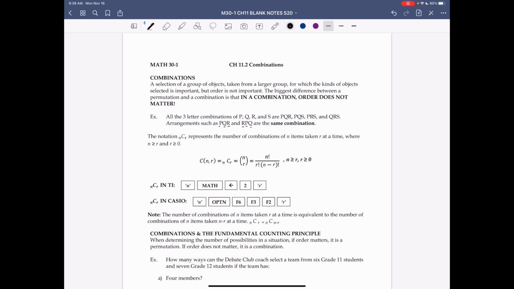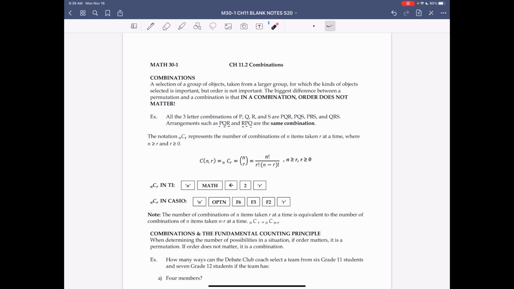The notation nCr represents the number of combinations of n items taken r at a time, where n is greater than or equal to r, and r is greater than or equal to 0. We have similar notation to permutations. For combinations, we have C(n, r), or most commonly, n subscript C subscript r.